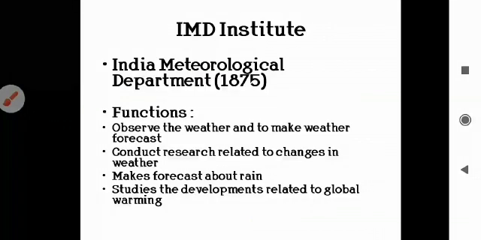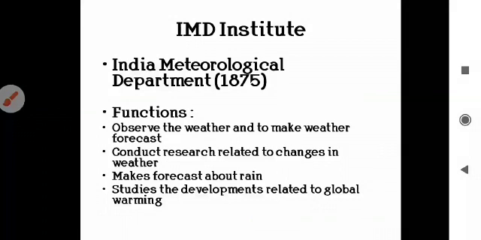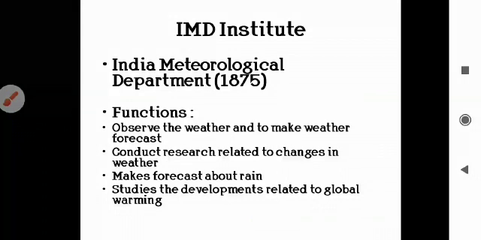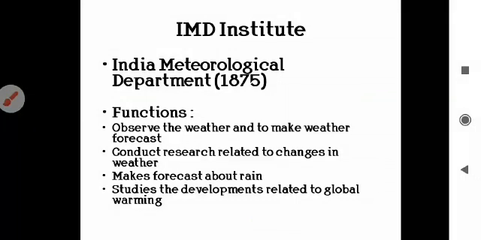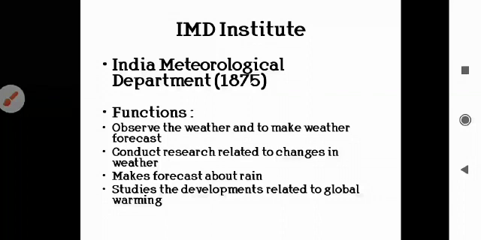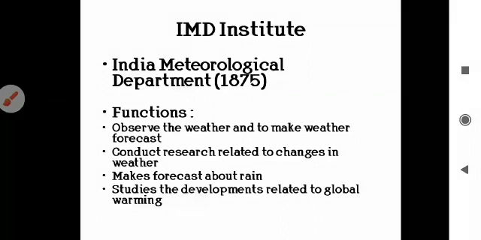Now about the IMD Institute. The long form of IMD is India Meteorological Department. It was established in 1875. The functions of this institute are to observe the weather and to make weather forecasts. You will come to know about temperature in news channels or on mobile. This institute conducts research related to changes in weather.